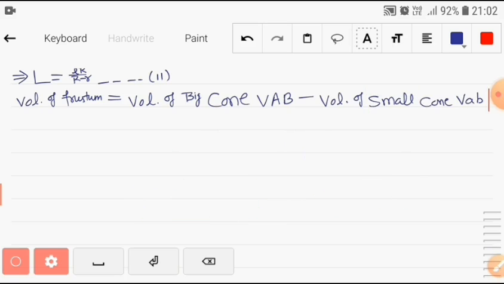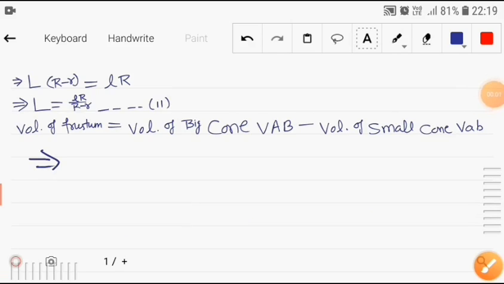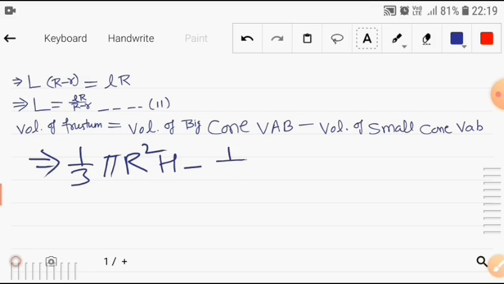Volume of the cone VAB is equal to 1/3 pi R square H. Now volume of small cone is equal to 1/3 pi r square (H minus h).